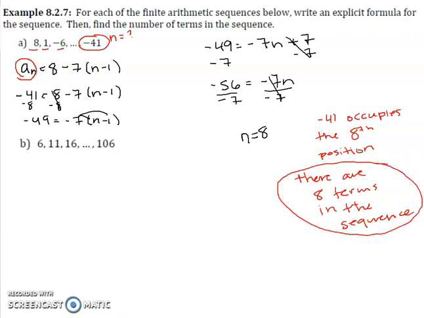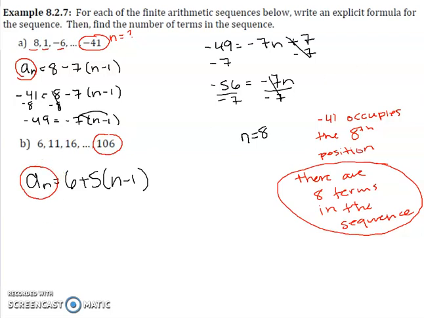For B, I'm going to go ahead and repeat this process very similarly, just with slightly different numbers. So I've got a sub n is equal to 6, and then my common difference here is 5 times n minus 1. There's my explicit formula. Now I know that 106 is the last term, so I want to know what n value that has.